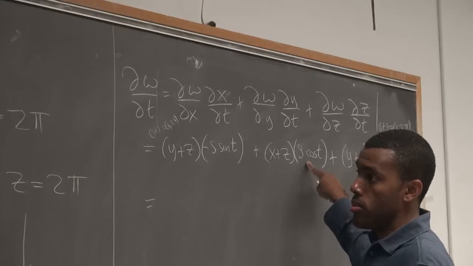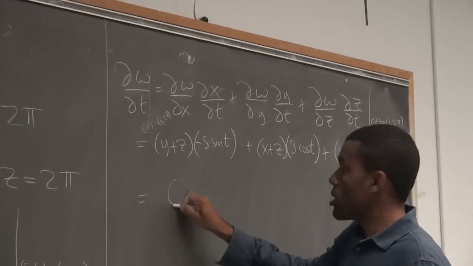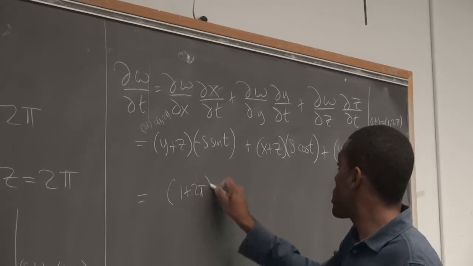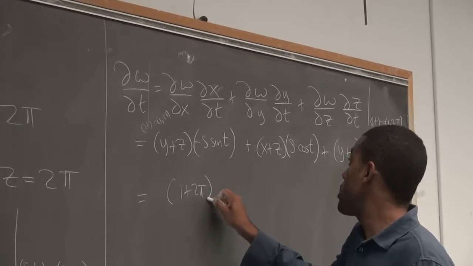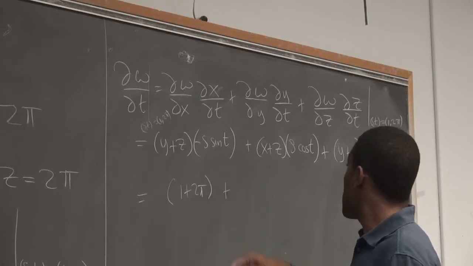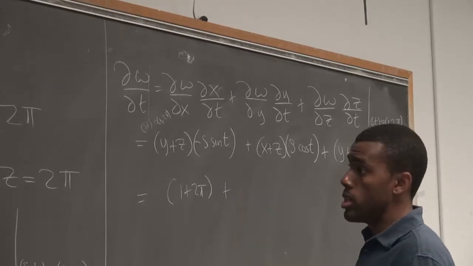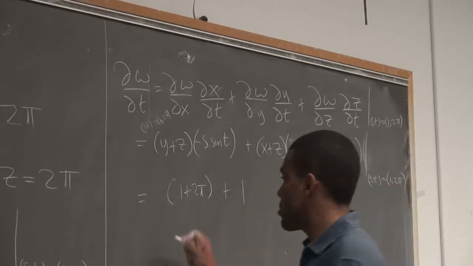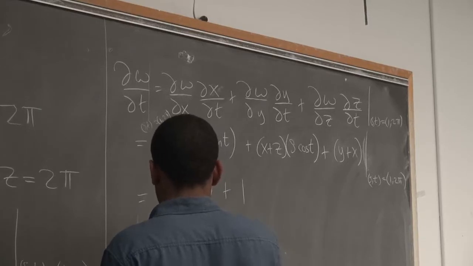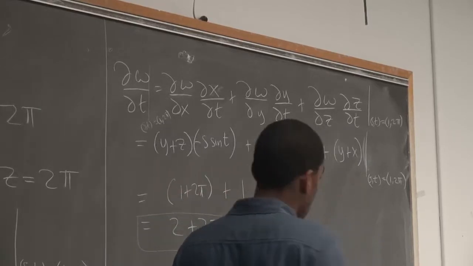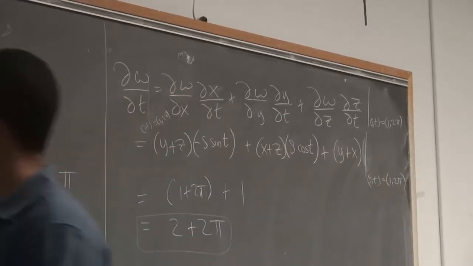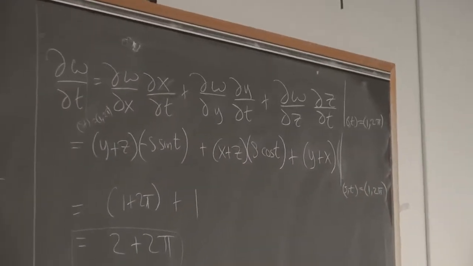Here we have x is 1, z is 2 pi, s is 1, cosine of 2 pi is 1, so it's just 1 plus 2 pi, plus y is 0 and x is 1. Okay, any questions on that?